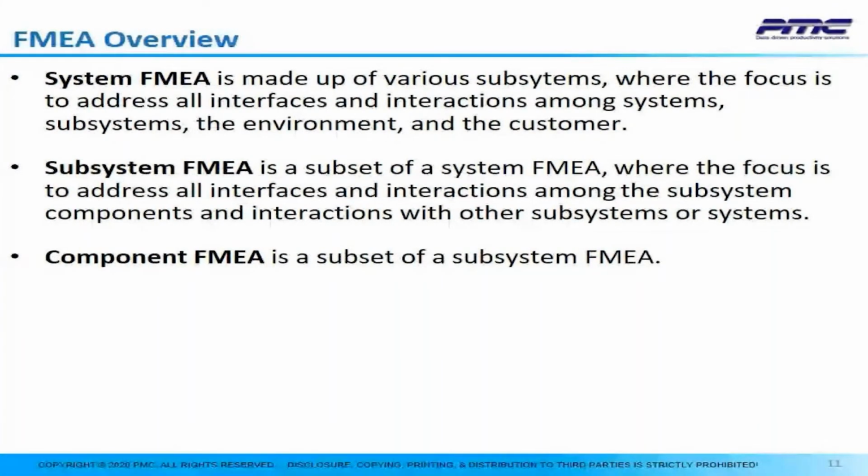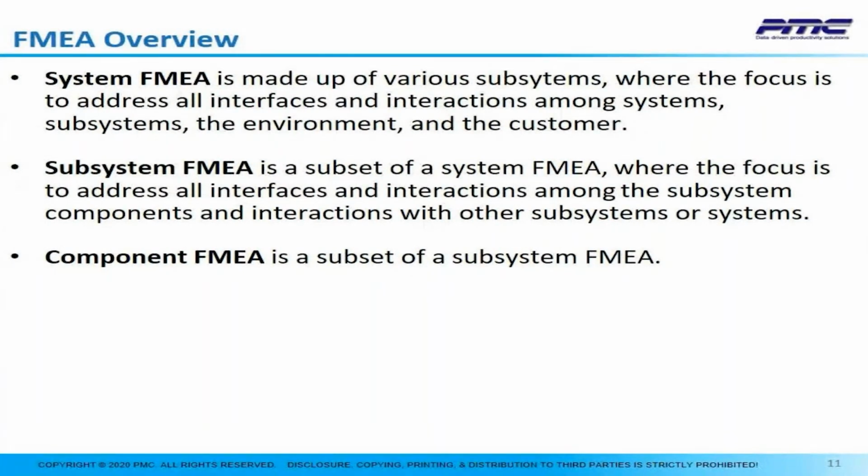There's a system FMEA, which is made up of various subsystems, where the focus is to address all interfaces and the interactions among the systems, subsystems, the environment, and the customer. Examples of systems include, for example, in a car, a chassis system, powertrain system, and interior system.